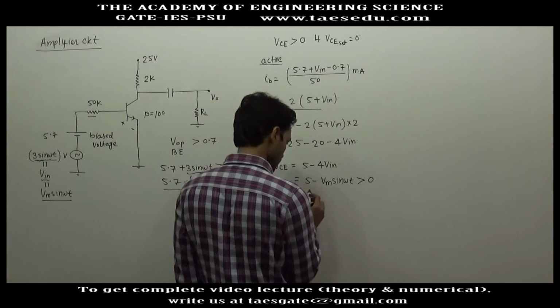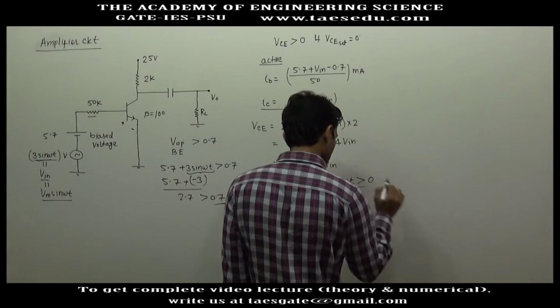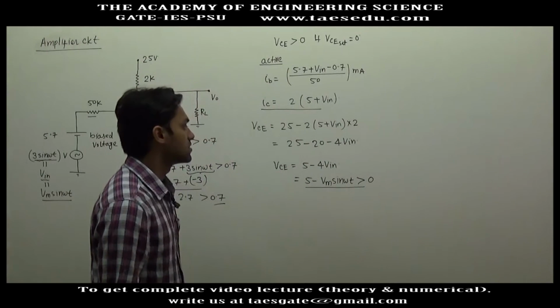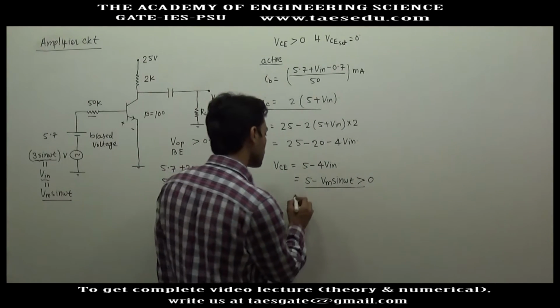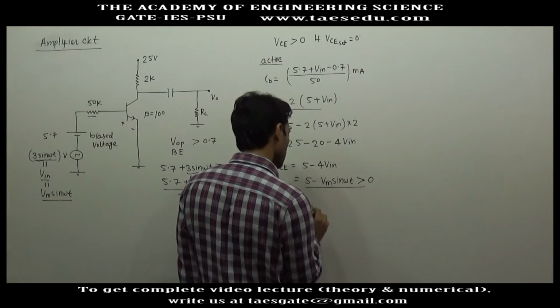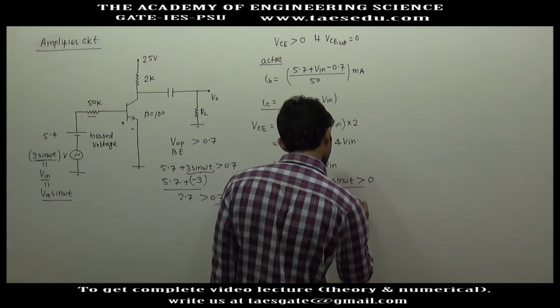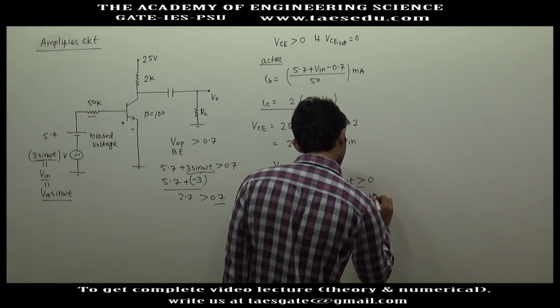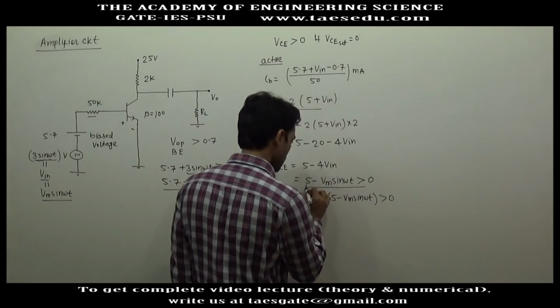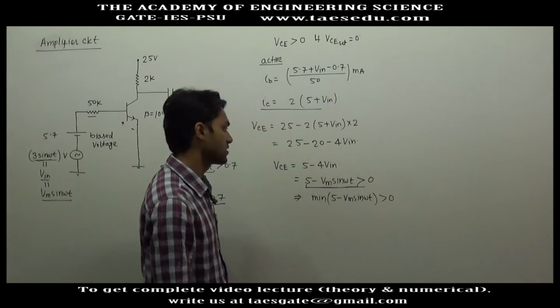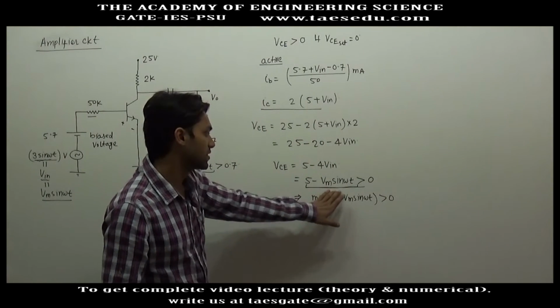So if you want this expression to be always greater than 0, you will want the minimum of 5 minus Vm sin omega t to be greater than 0. If the minimum of this expression is greater than 0, then this will always be greater than 0.